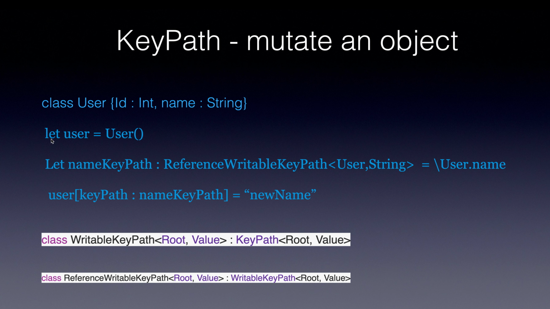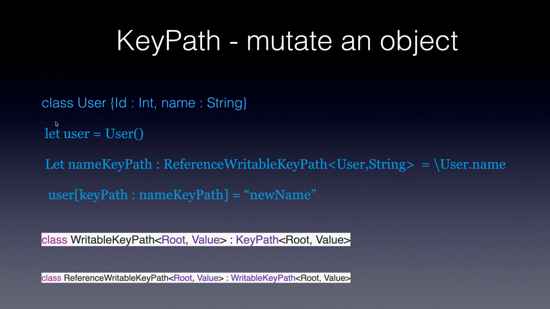When it is created with the let keyword and given a WritableKeyPath, it gives a compile time error when you try to mutate that property through the key path. So if created with the let keyword as an instance of a class, it must be a ReferenceWritableKeyPath.